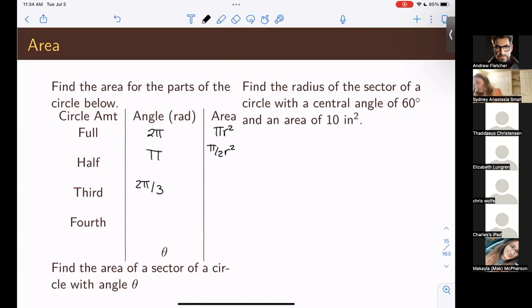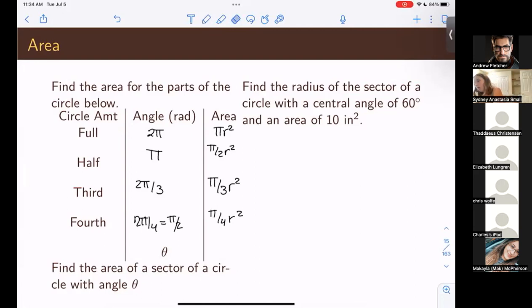If the area of a full circle is pi r squared, the area of a third of a circle is pi thirds r squared. Same with a fourth. We divide 2 pi by 4, we get 2 pi fourths, which is just pi over 2 radians. And then we would divide the area formula by 4 as well, and get that the area of a fourth of a circle is pi fourths r squared. Just doing division, cutting the circle up.